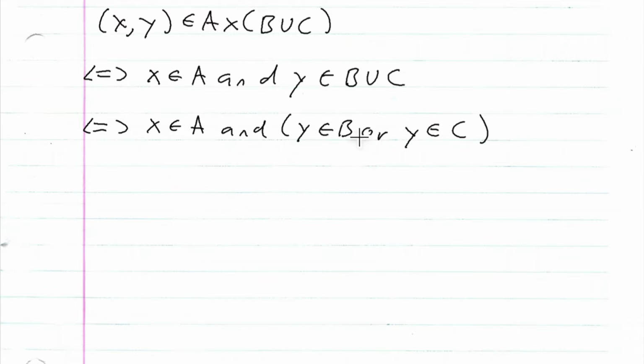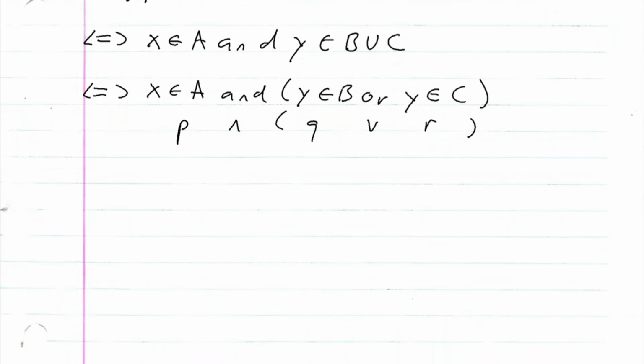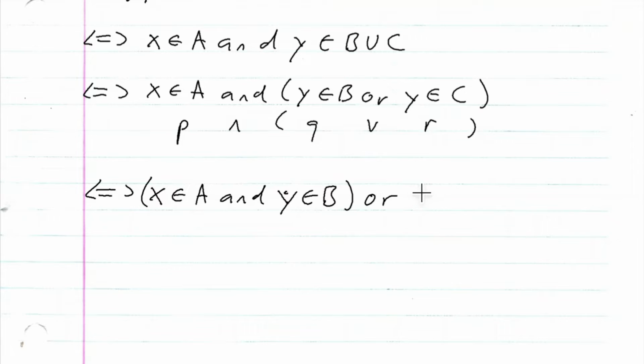So now you guys can see this is of the form P and Q or R, right? And we know that this has a logical equivalence, right? We know that this statement is going to be equivalent to x is an element of A and y is an element of B, or x is an element of A and y is an element of C, right?